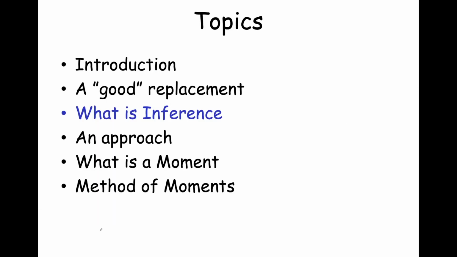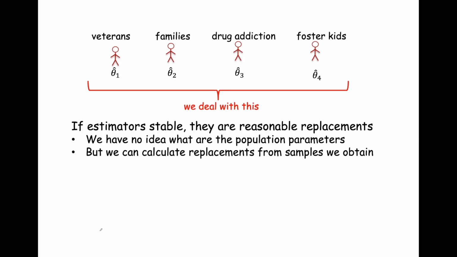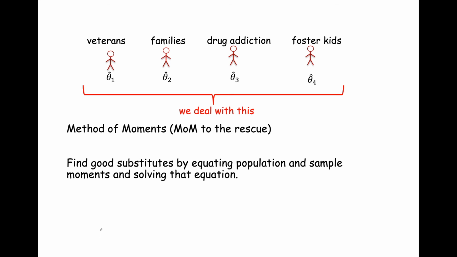All right. So let's take a look at an approach. And we said instead of looking at the population, you're going to deal with the estimators, the statistics. And there's one method called the method of moments approach, and it is a recipe of sorts for how you arrive upon stable statistics, rather than just having to come up with a statistic and then doing the proof for unbiasedness and consistency.